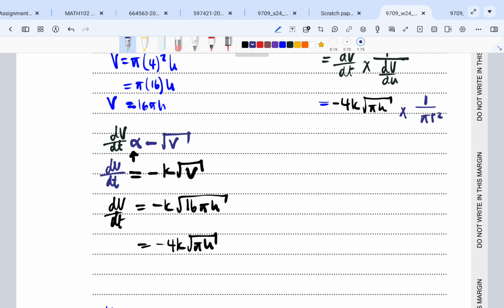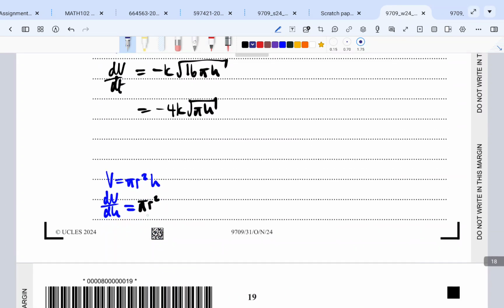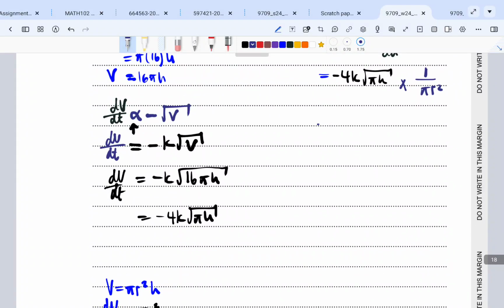And we know what that is: negative 4k multiplying the root of pi h times 1 over pi times 4 squared. So this is going to be negative 4k square root of pi h times 1 over 16 pi.